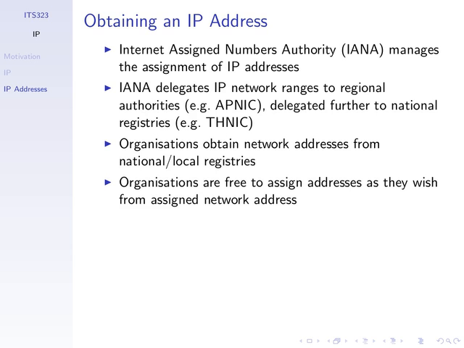If you set up your own company and you want to attach that direct to the internet, you may need to go to them and say, okay, I'm going to set up a network and I want a maximum of 200 computers attached. Give me a range of IP addresses. Specifically, give me a network address. It must be unique in the world, and that's why it's managed by different organisations.